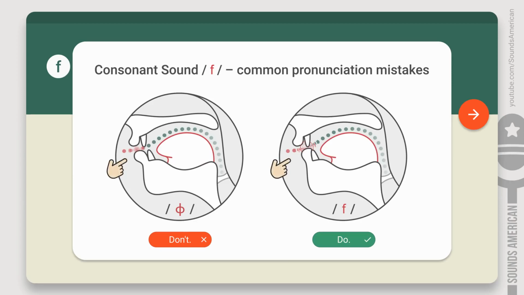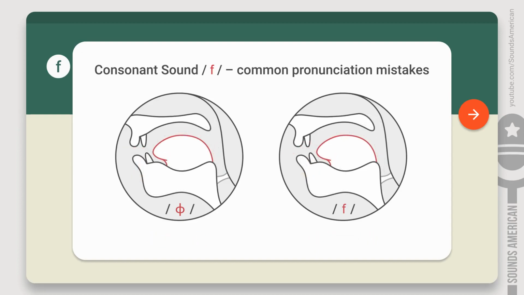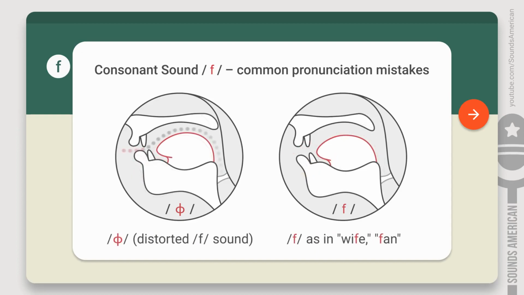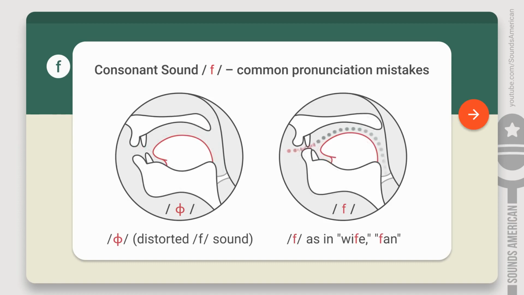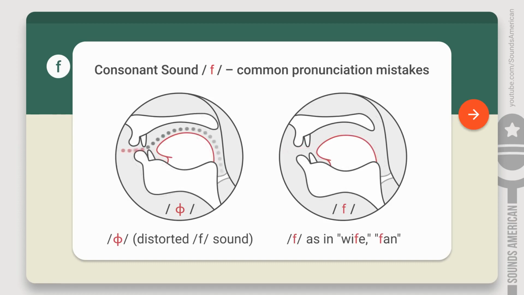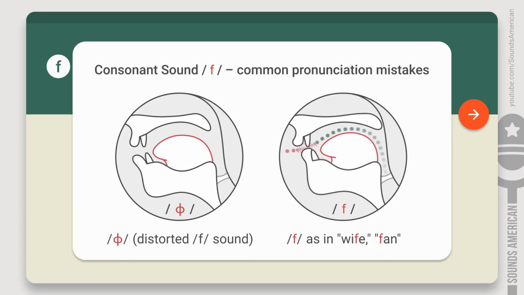Most often, people try to produce the friction using only their lips, since this is how they do it in their languages. This way, the passage for the airstream is too wide, and there's no obstacle to create sufficient friction. Compare. Wife, wife, fan, fan.